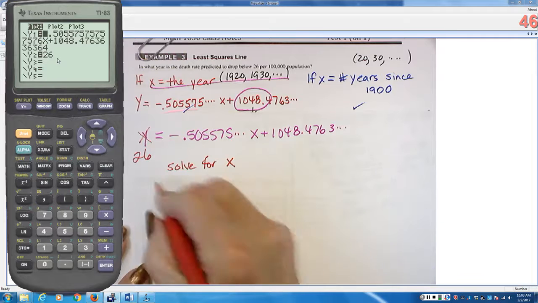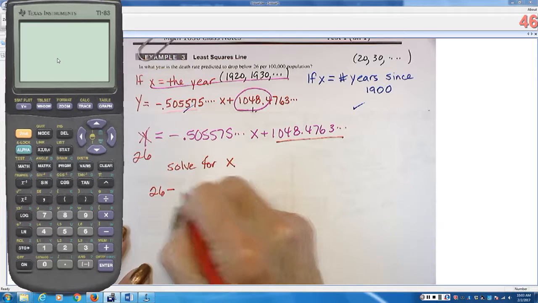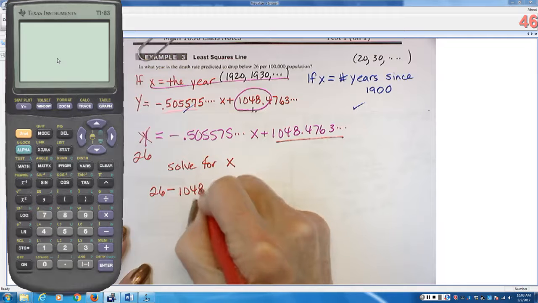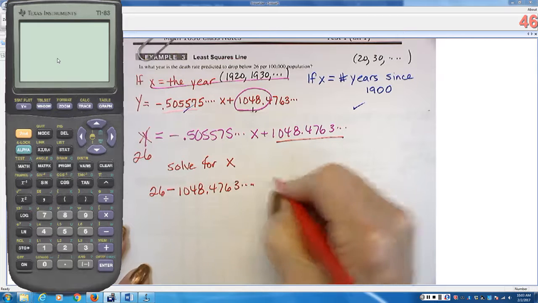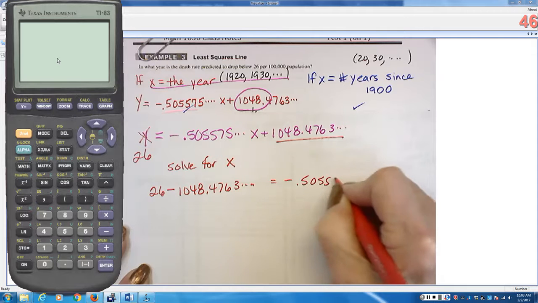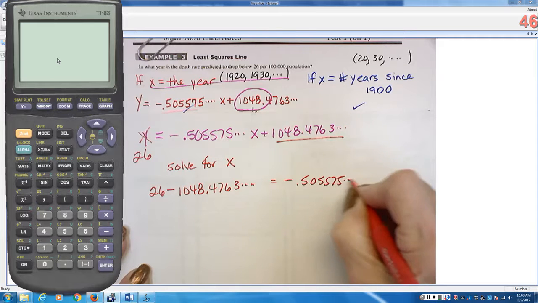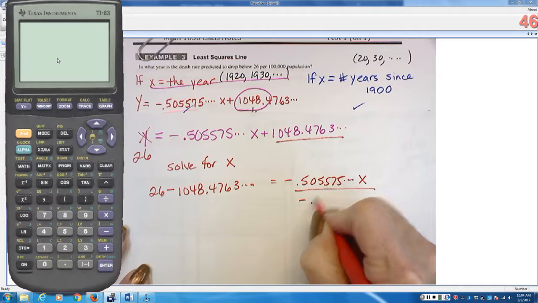Which means we're going to take 26 minus this value, is equal to negative 0.505575, however many other decimals there are, x, dividing both sides by that slope.